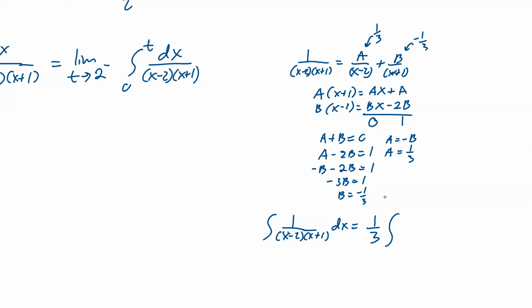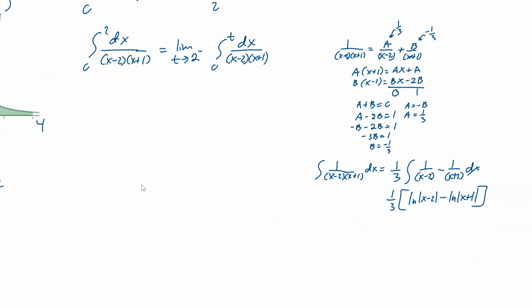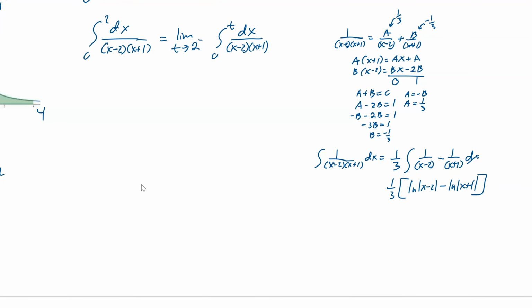So we will just say integral of 1 over x minus 2 minus, so I'm including the negative now here, 1 over x plus 1 dx, and so this is 1/3 ln of x minus 2 minus ln of x plus 1. All right, and so now we just have to plug it in and show that it is divergent.